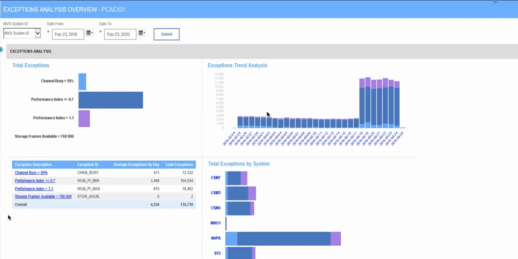Now, this is a bit of an artificial example because it's a test environment and we've got some workloads on. So you can see there's a dramatic change and we start to see problems on this particular day as we go forward. And we also get to see which systems this occurred on.